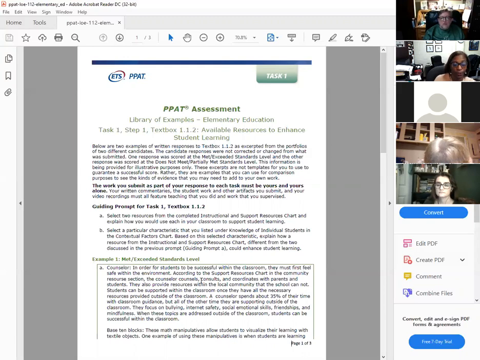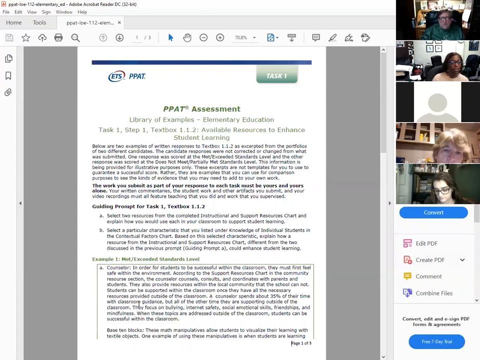And also share that, it says, according to the support resources chart, make sure you use that data, that word, that information, instructional support resources chart. Make sure you use that in your writing prompt, okay?